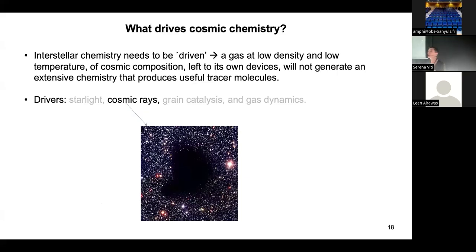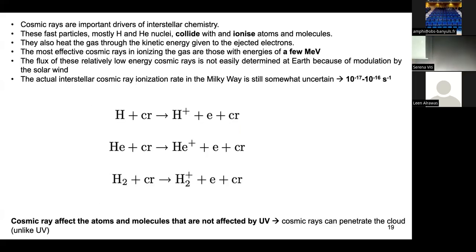Let me say a few more words about cosmic rays and the environment where cosmic rays drive the chemistry. Okay, it's a packed slide, but again, I just need you to concentrate on very few details here. The rest is for your reference. Cosmic rays literally start the chemistry because they allow some ion-neutral reactions to occur very fast. And without going into details, but please feel free to ask me if you're interested, what happens is that the cosmic rays collide with hydrogen, helium, and once molecular hydrogen is formed, they give rise to these ions here.